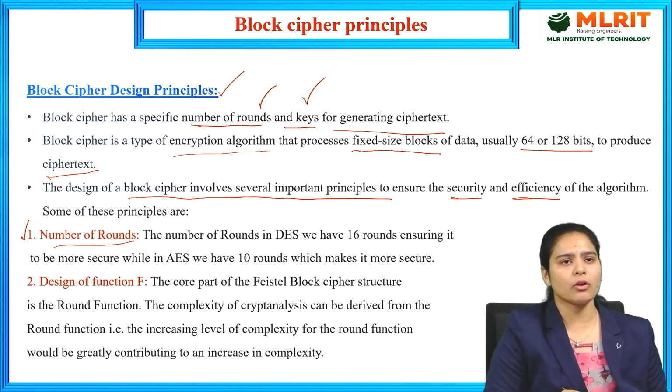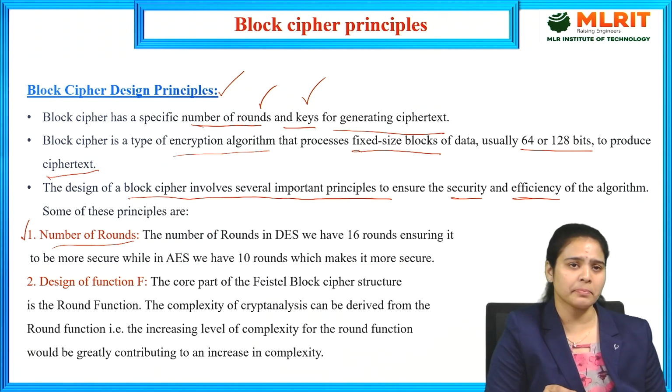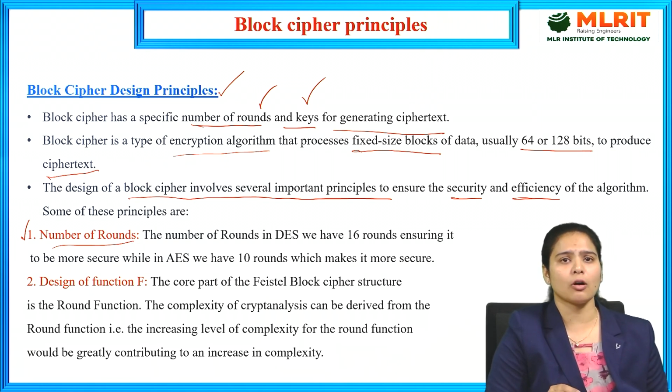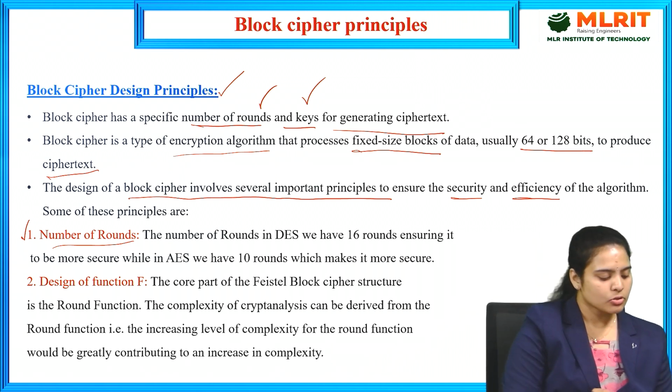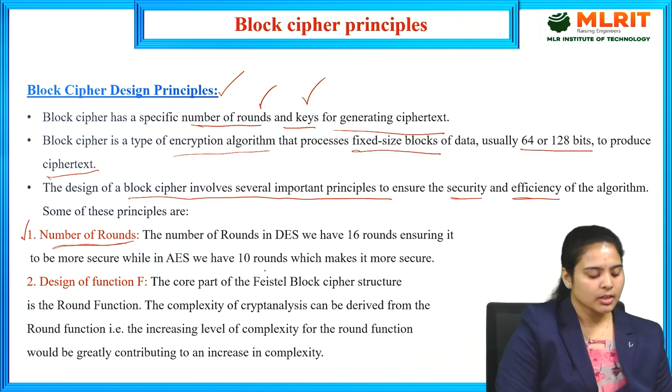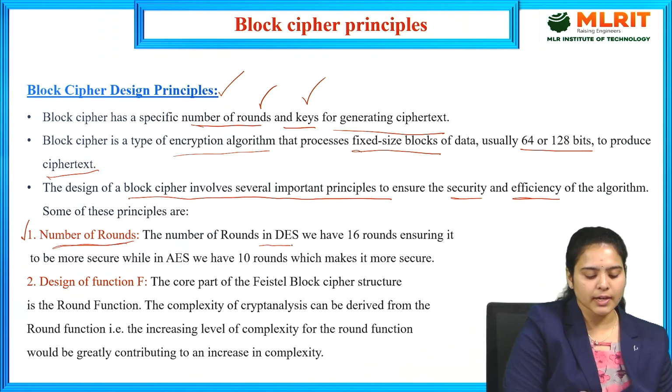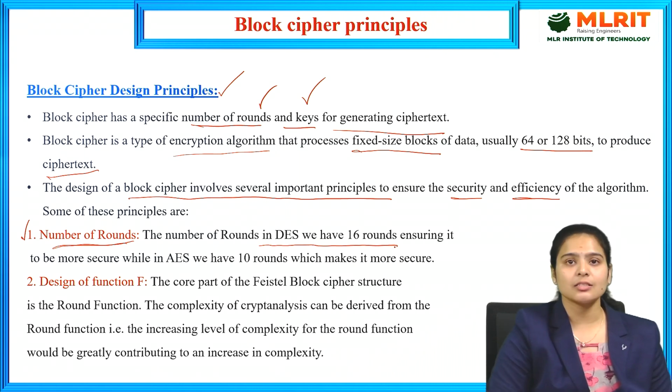These number of rounds and design of functions, or these 9 principles, are going to be applied in DES, AES, triple DES, multiple encryption processes. All these algorithms are based upon these design principles only. So first one is number of rounds. For example, in DES we have 16 rounds.